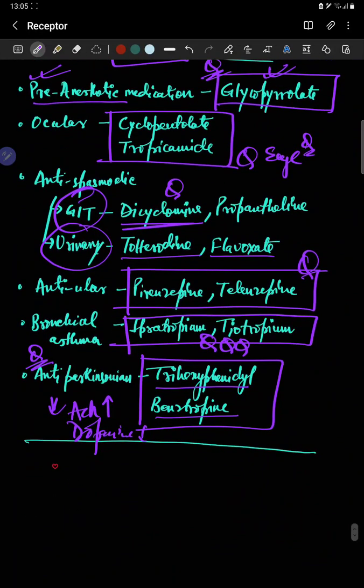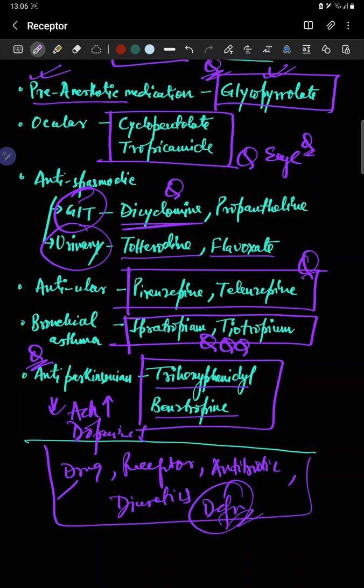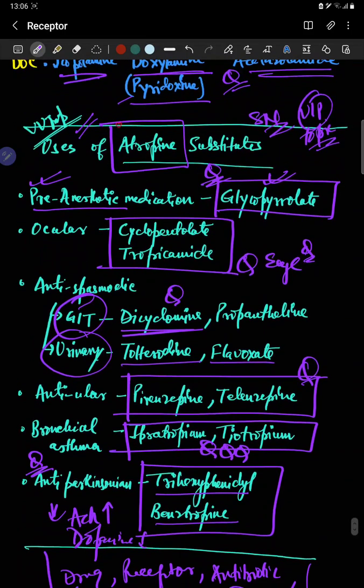And some definitions, like define drug, define receptor, define antibiotic, define diuretics. These few definitions you have to know by the tip of the tongue, and the drug definition is the WHO definition. This is a very, very important topic.